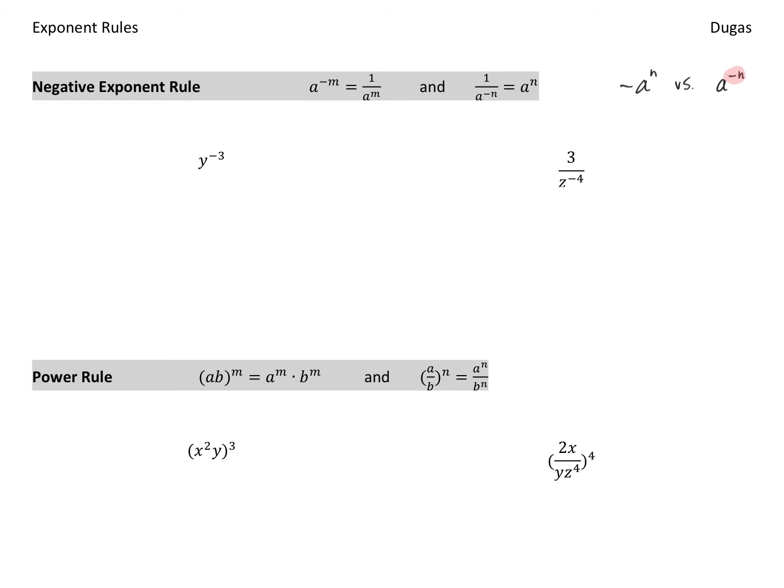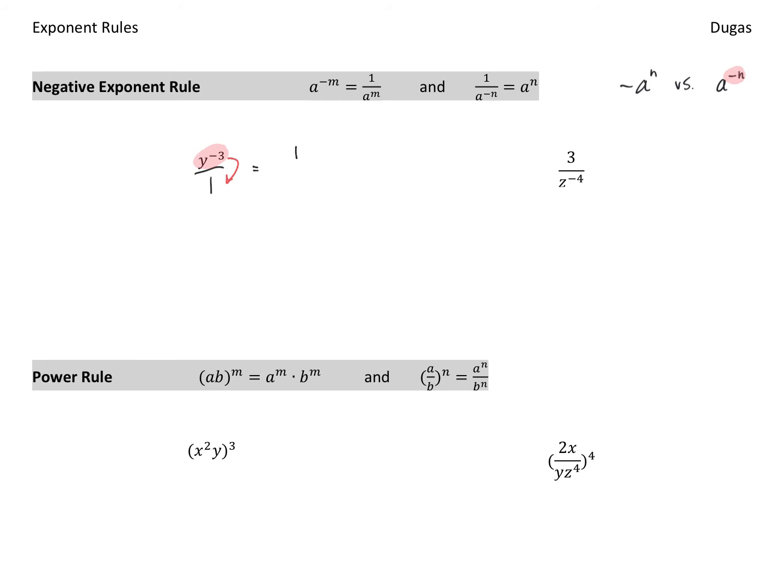Okay, so really all I want to do here is show you how to change exponents from negative to positive. In this case, we have y to the negative 3. There's no fraction, so I'm going to make it into 1, put it over 1. Anything with a negative exponent, I know that I can move to the other side of the fraction, and it becomes a positive exponent.